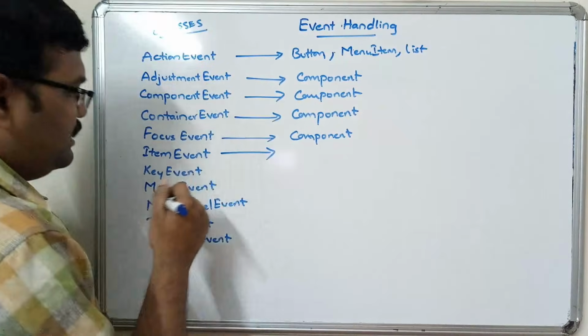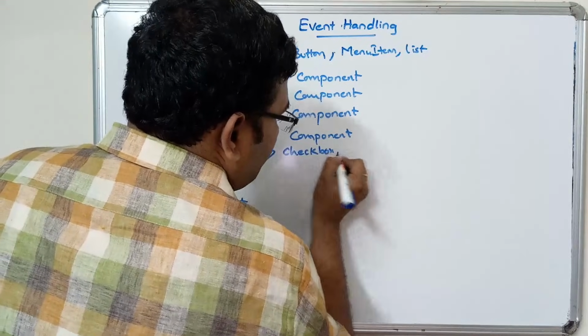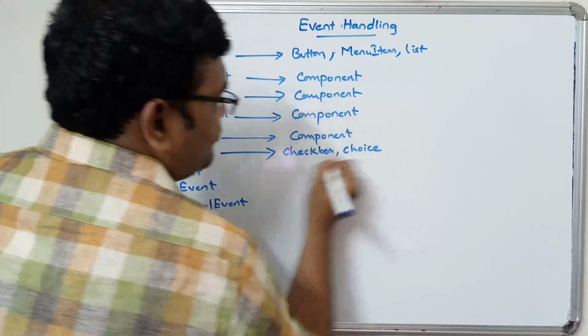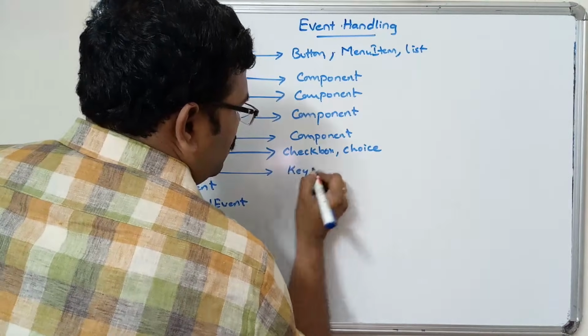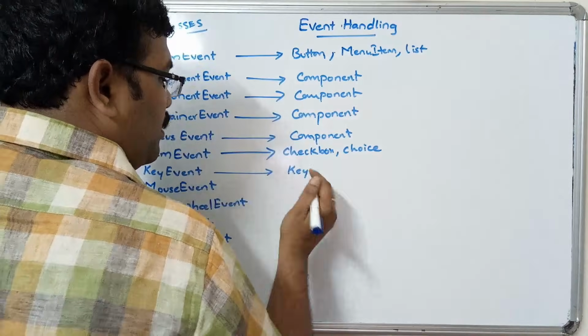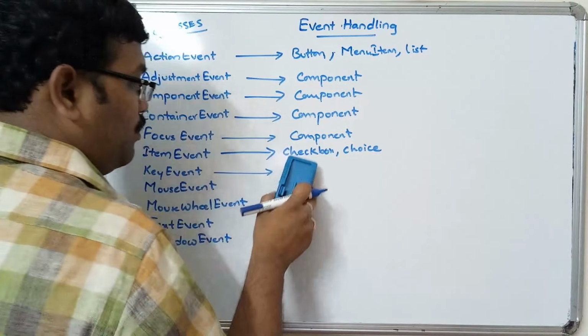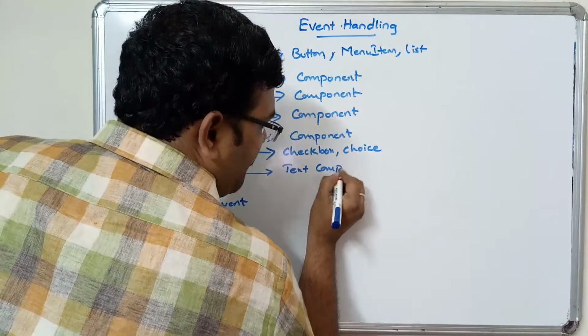So item event, it is for checkbox, choice. Key event is for the text component.